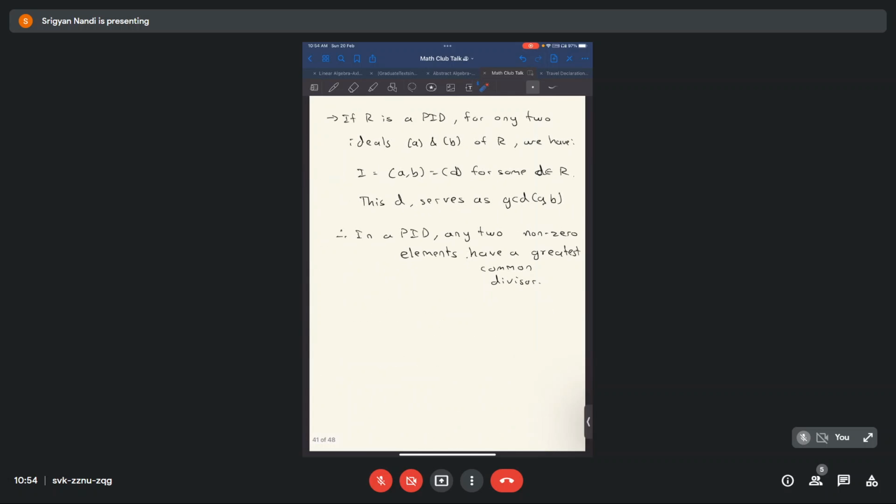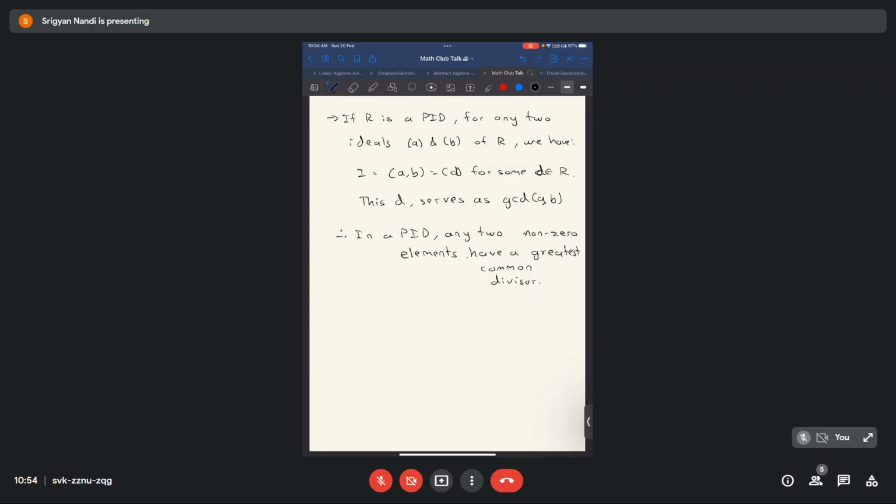Now, if R is a principal ideal domain, then for any two elements A and B of R, the ideal generated by A and B is also a principal ideal, so there will exist some element D such that it is generated by D, and this D in fact serves as the greatest common divisor of A and B in any principal ideal domain.